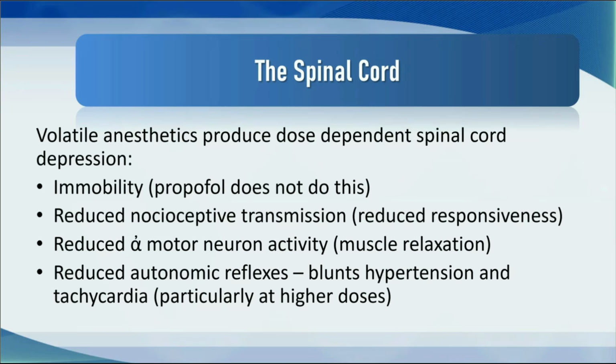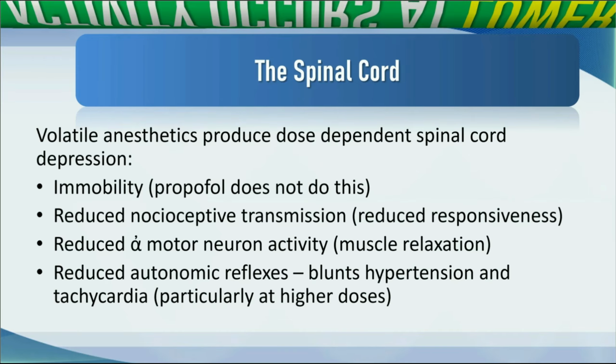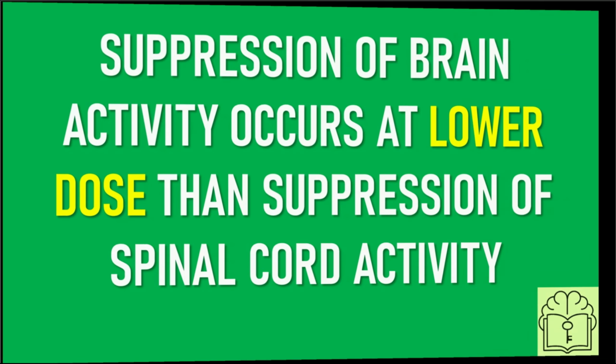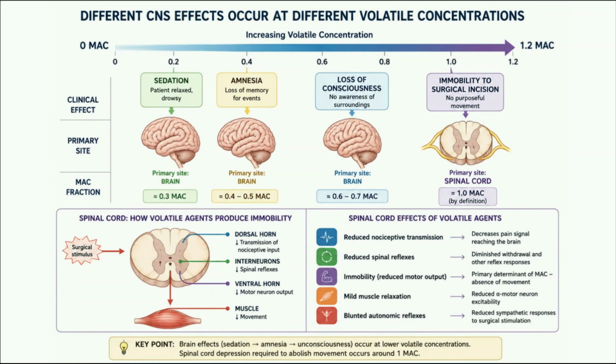That means that they blunt hypertension and tachycardia, particularly at high doses once surgery has started. It's important to understand that suppression of brain activity occurs at lower doses than suppression of spinal cord activity. So patients may actually move while they are fully asleep. If your patient moves at surgical incision, you just need to turn up the dose of volatile agent. The patient is not awake.